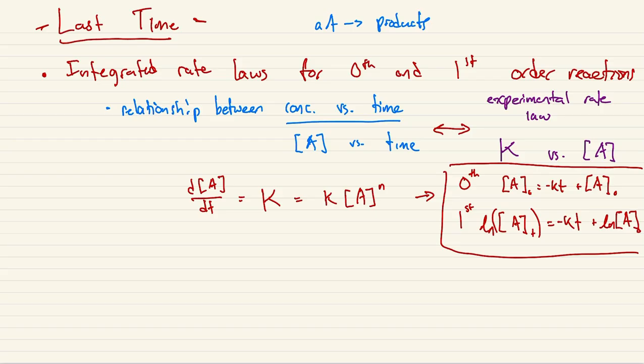And the units of what can tell us the order of the reaction? The rate constant. The units of the rate constant tell us the order of the reaction. Right, so that's one thing we always have to keep in mind.